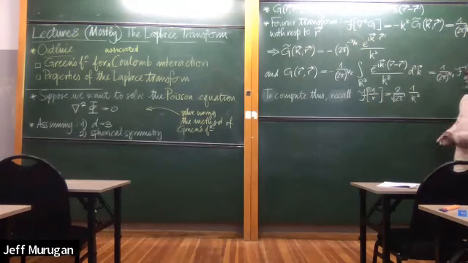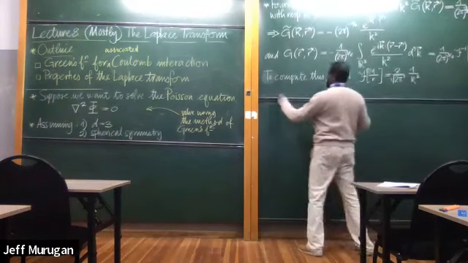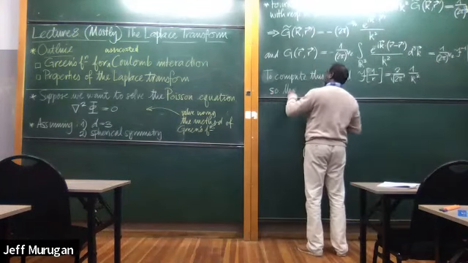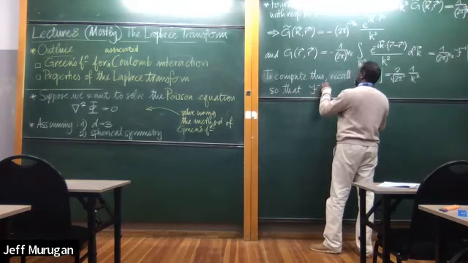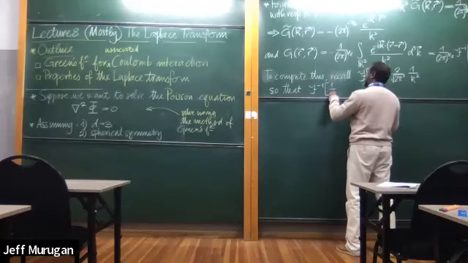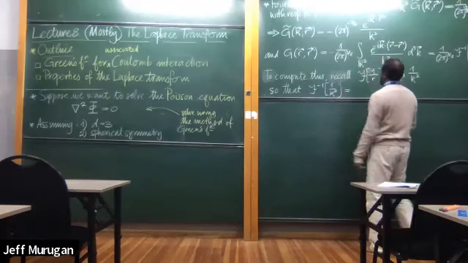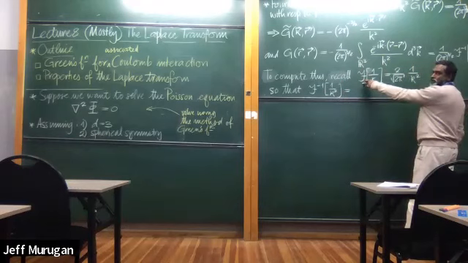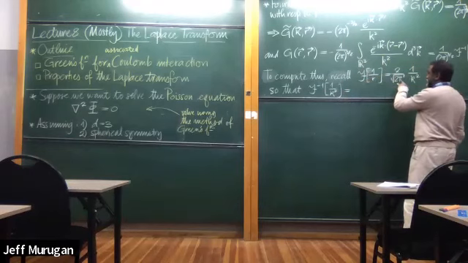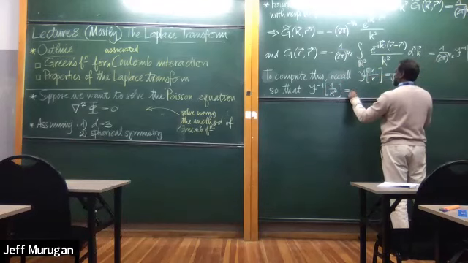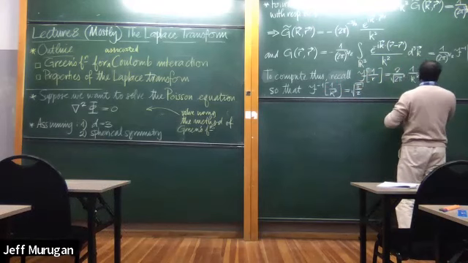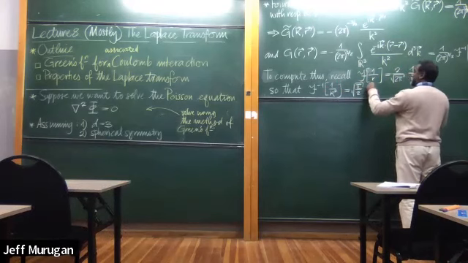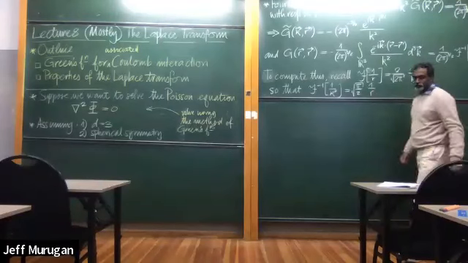Well, what this means is that the inverse transform of 1 over k squared, which is what I get when I act with the inverse transform as an integral operator on the left hand side and the right hand side, is just root π over 2 times 1 over r.